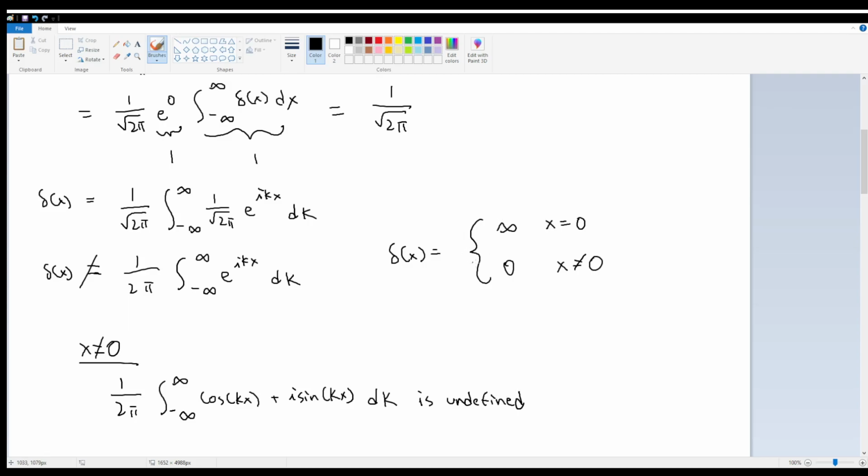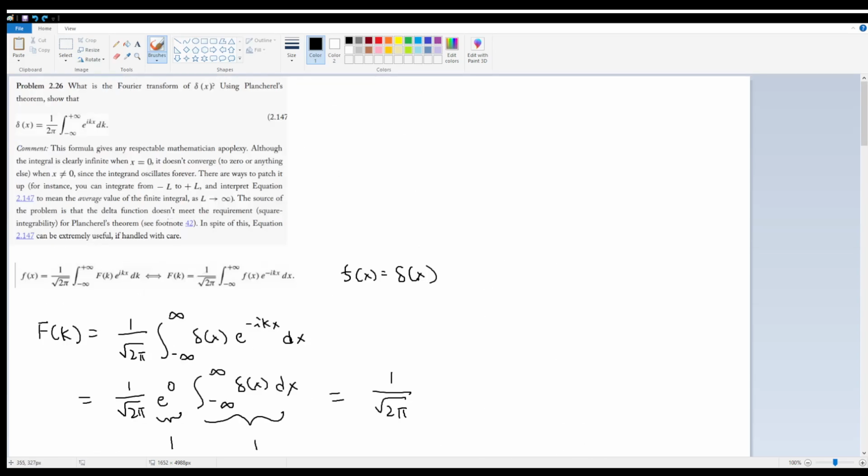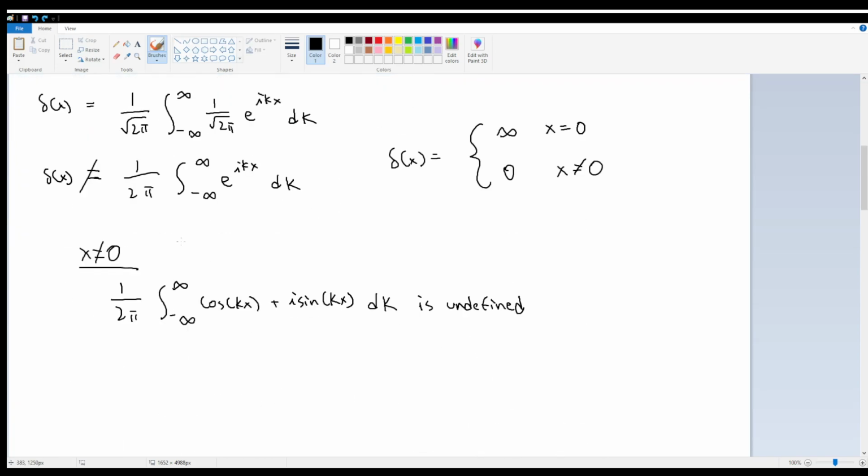Now our requirement is that when x doesn't equal 0, the resulting integral has to equal 0. This integral does not equal 0. It's undefined. So because of that, this definition is wrong. Now, the reason why this happens is because the delta function, as Griffiths says here, doesn't really meet the requirements to undergo a Fourier transform.